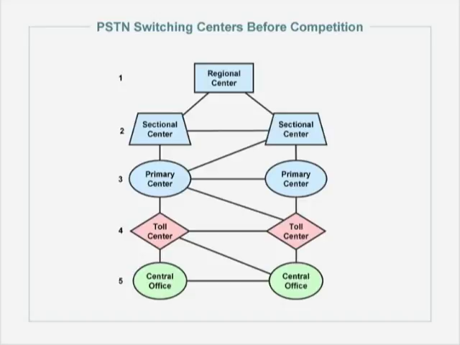And if you wanted to go from one section of the country to another, you'd have to go through a regional center. So for example, if you wanted to make a phone call from San Jose to Manhattan, you'd pick up your phone in San Jose, you'd get a dial tone from the central office in San Jose, and you dial 1-212 something to make a phone call to New York City.